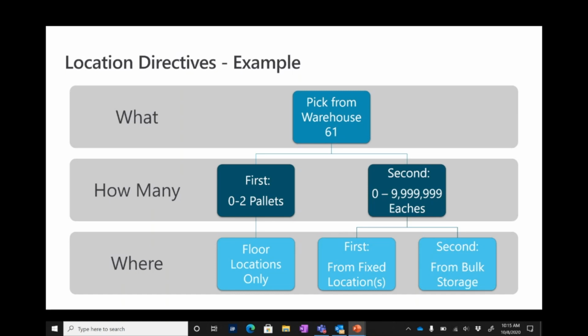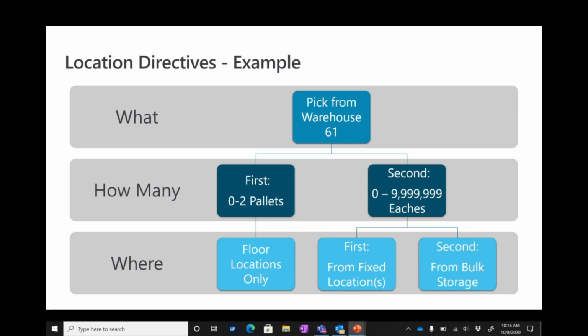That's the only place I want them to be directed to. So let's say that my item that I'm picking on my sales order has a unit conversion of 100 eaches to 1 full pallet. So if I am picking only 75 units that are on my sales order line, then that first sequence that I just went through in the example does not apply because I do not have at least 100 units to make 1 full pallet.